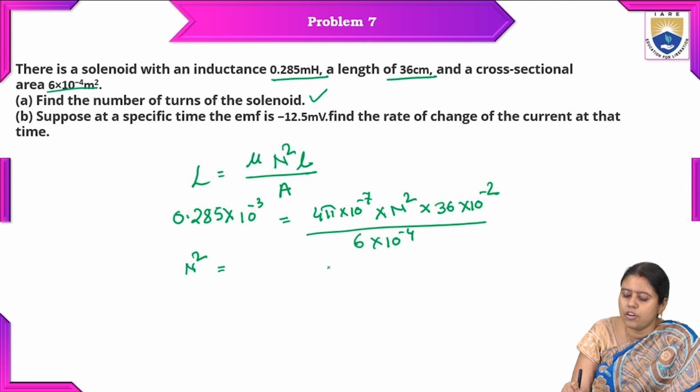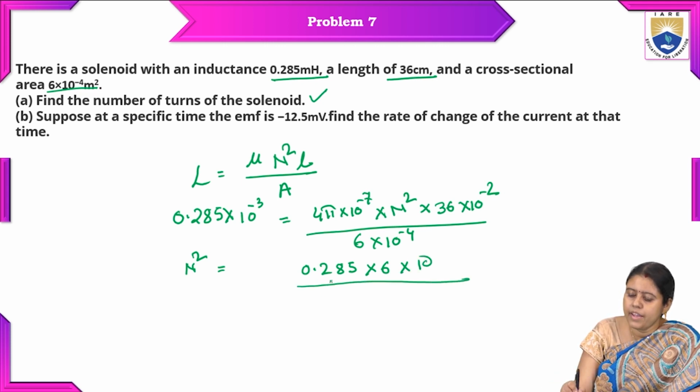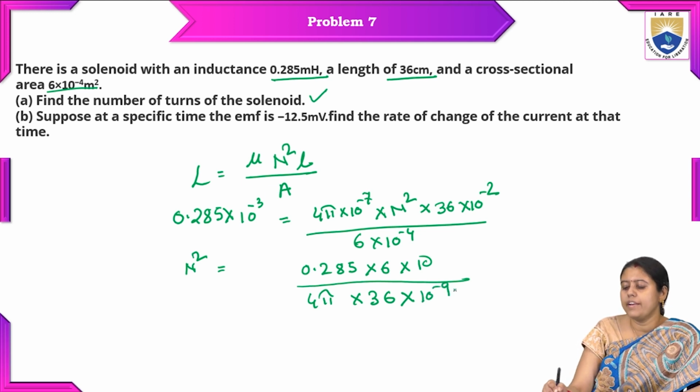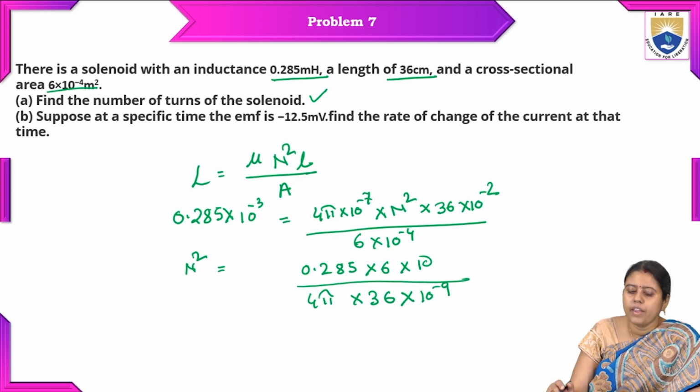N square is equal to 0.285 into 6 into 10 divided by 4 pi into 36 into 10 to the power minus 9. If we solve this equation, we can get the value of N.